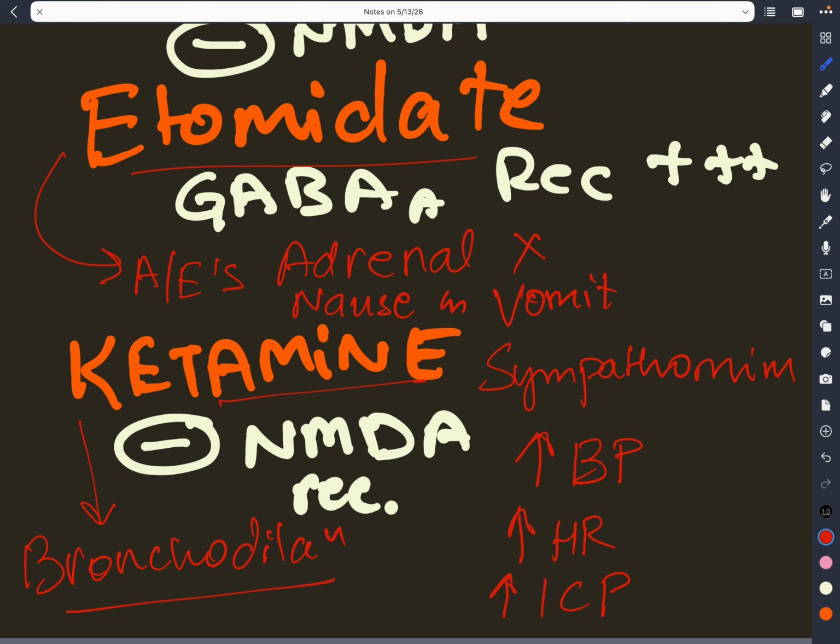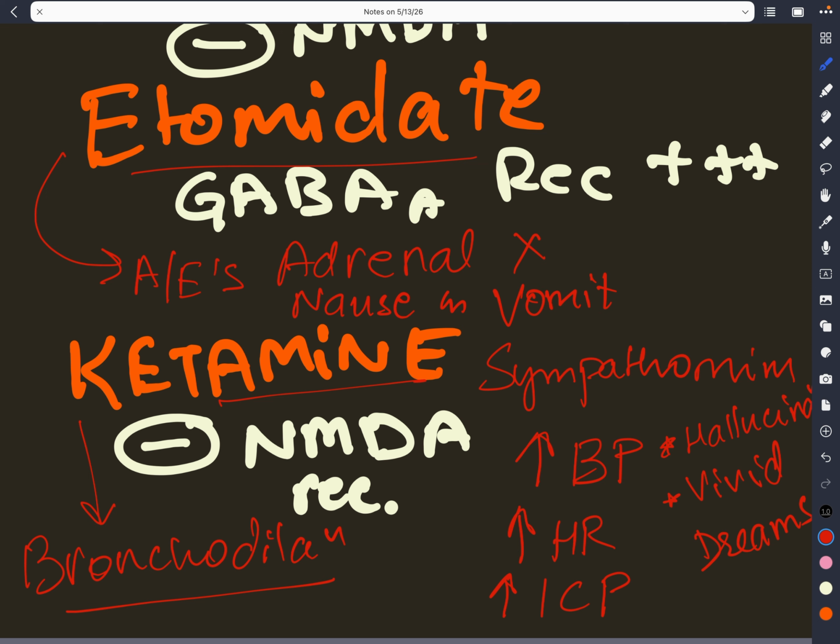Other side effects of ketamine are hallucinations and vivid dreams. Right after surgery, when patients say that they were seeing things, seeing people who were not in the room, that is because of ketamine.